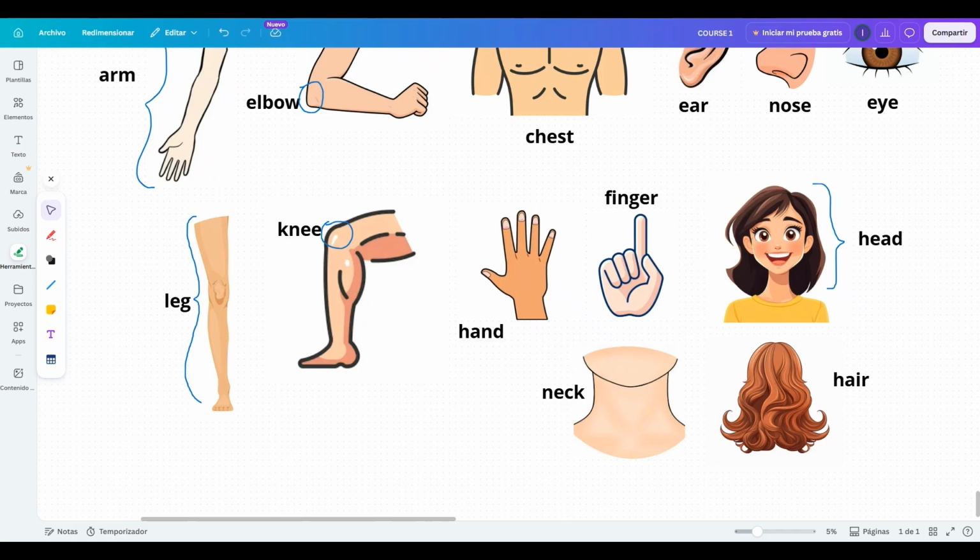My face. Right? Neck. What about this picture, right?